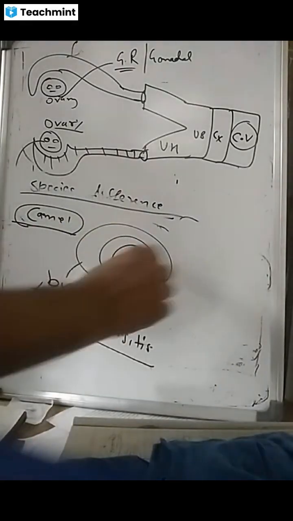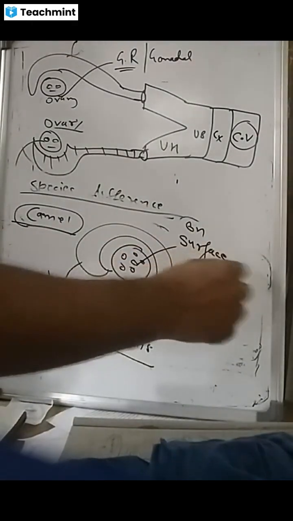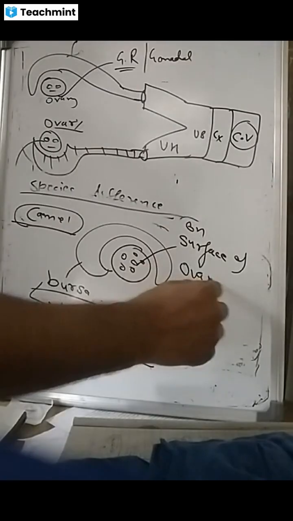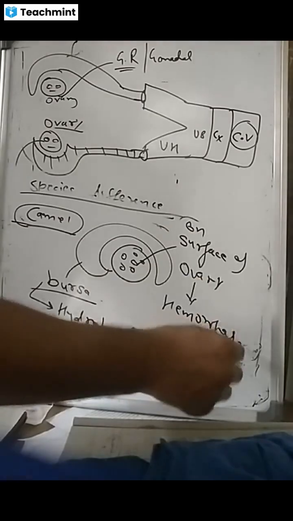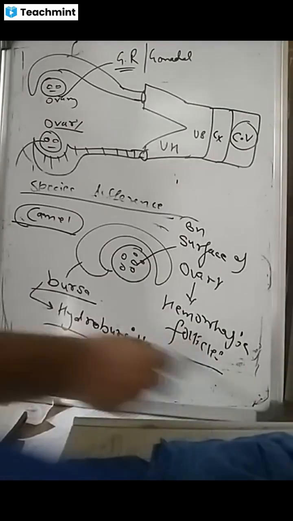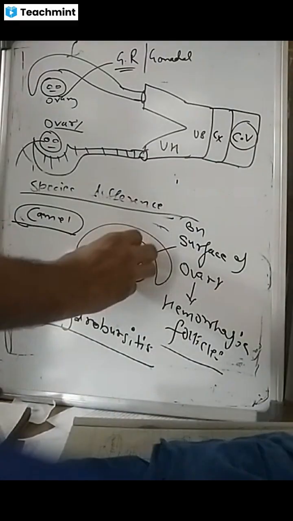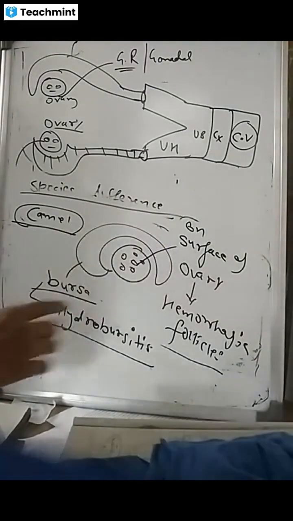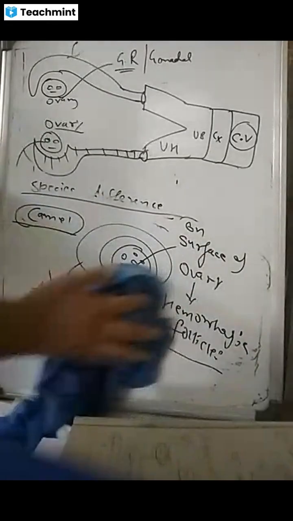Second, on the surface of the ovary, there are hemorrhagic follicles. Hemorrhagic corpus luteum is more prominent in the case of mare.